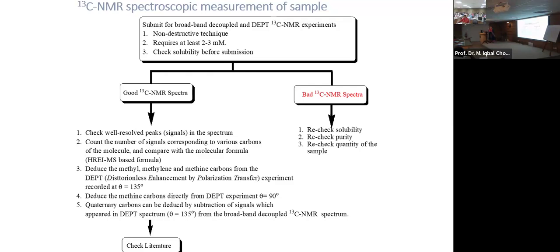Sometimes the NMR persons who are running the sample for you are technicians. That's why purity is very important. If you do not have a pure compound, you may integrate an impurity as one hydrogen, and the rest will be integrated accordingly.